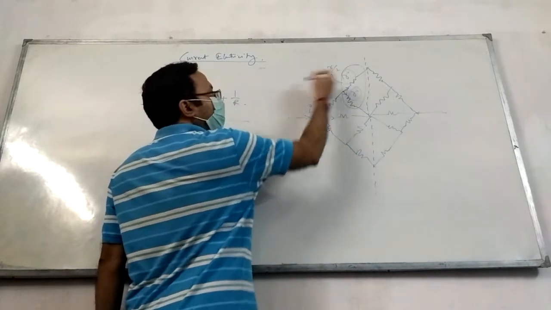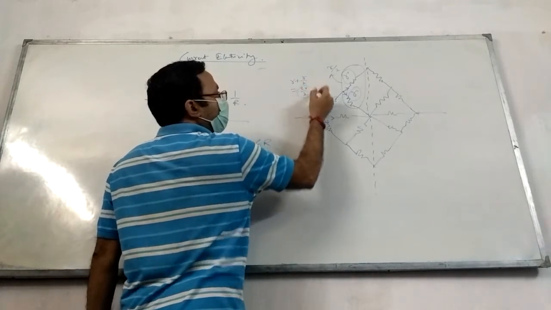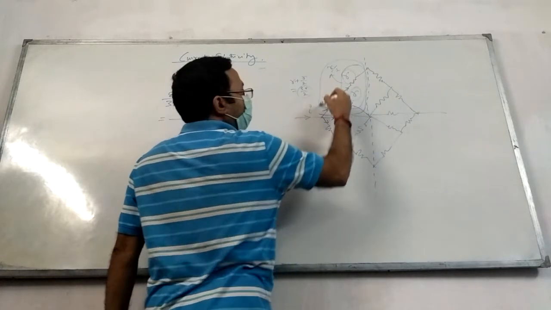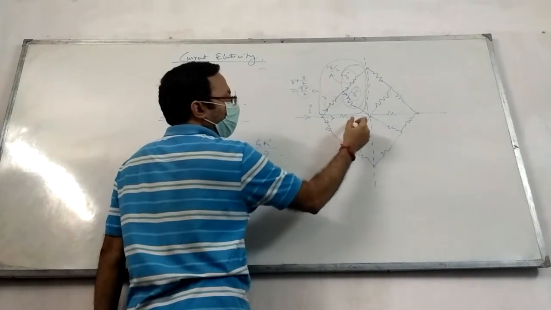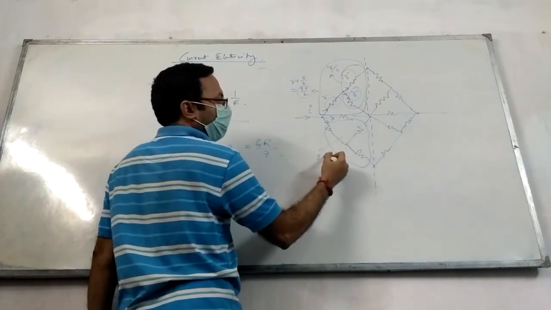So that R/2 is in what connection with this R? Series connection. So R plus R/2, see, if this upper part whole value is 3R/2, then the lower part whole value will also be 3R/2.